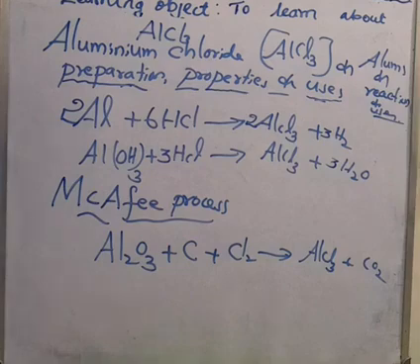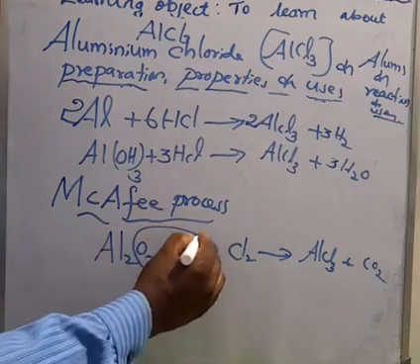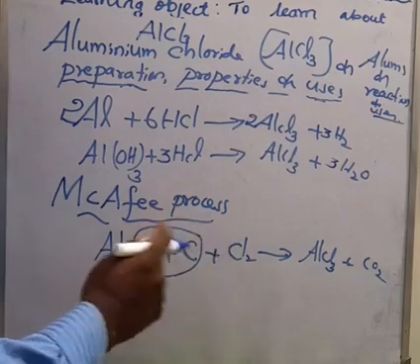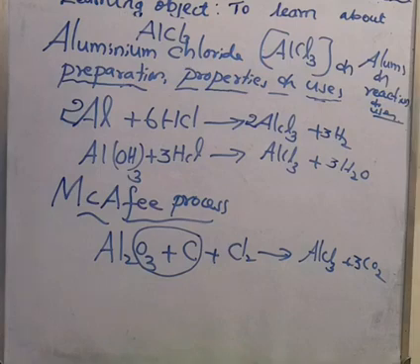Here, what reaction is going on? Carbon combines with oxygen, we get carbon dioxide. Am I right? So the aluminium easily combines with chlorine, we get aluminium chloride.